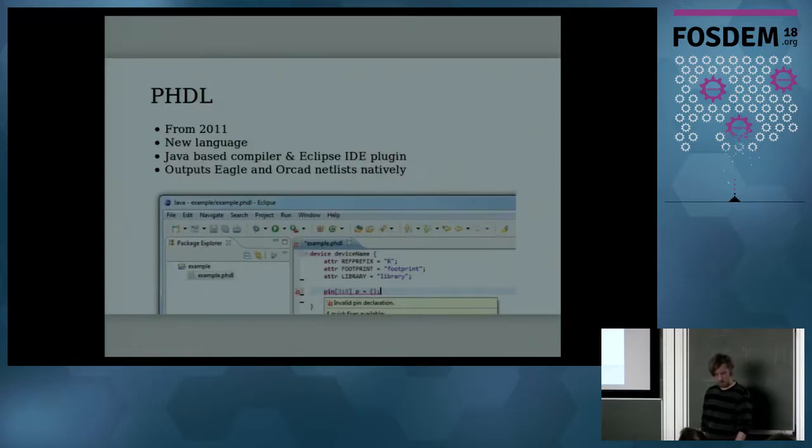It's from 2011. The compiler is Java-based, and it has an IDE which will help you and guide you in your design process. And it can output Eagle and OrCAD netlists natively currently, and there are some conversion programs for others, but I haven't investigated fully.